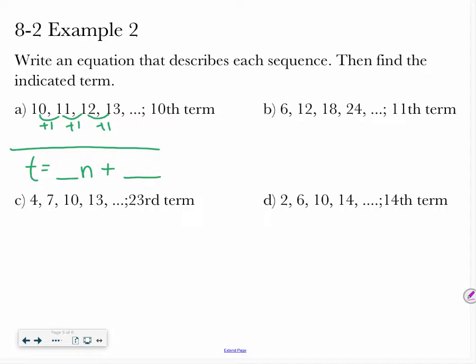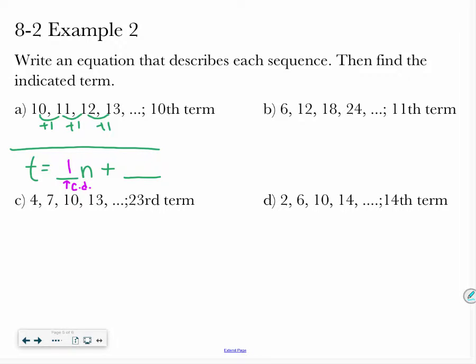I'm going to show you how to find those two numbers. The number that goes with your n is your common difference. In this case, that's just a 1. We don't really have to write a 1 with a variable, so you can just leave that as an n if you would like.